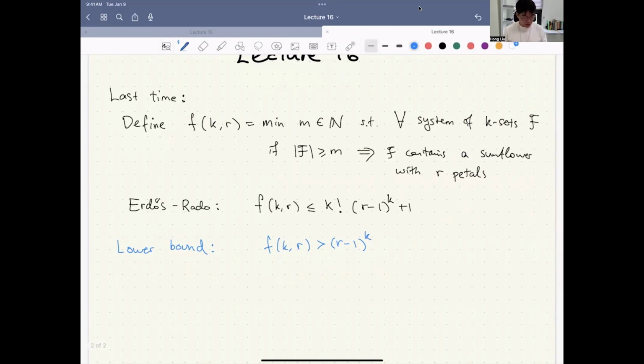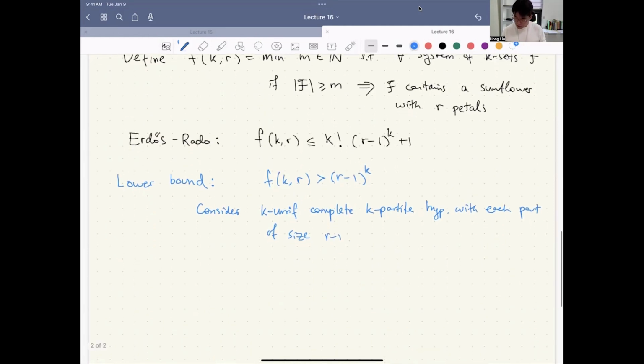Basically, consider the k-uniform complete k-partite hypergraph with each part of size r minus 1.